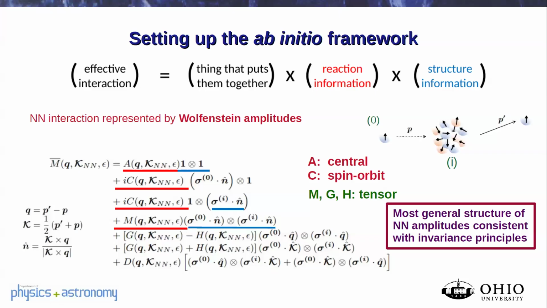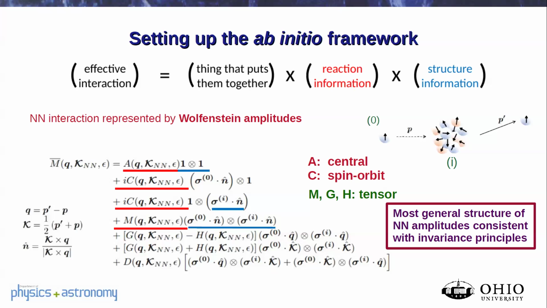I'm writing this here, so it is good to look at the operator structure of what you have. You can rewrite all NN interactions in terms of the operator structure, and I do it a little differently than a textbook. I have the operator 1 for one nucleon, and I always put the left one as number 0, and the one here is for the one inside the nucleus. So you have here a 1 operator. This one here, I pulled apart.